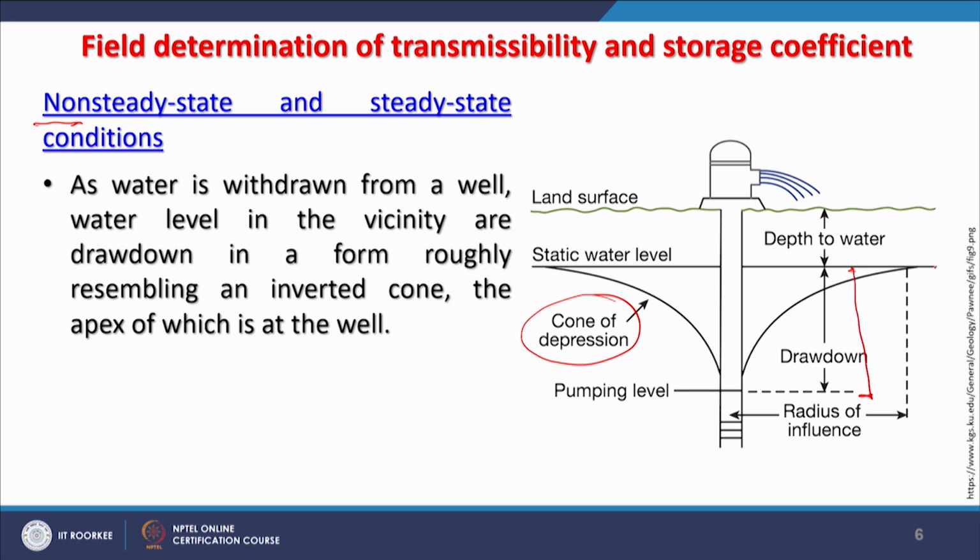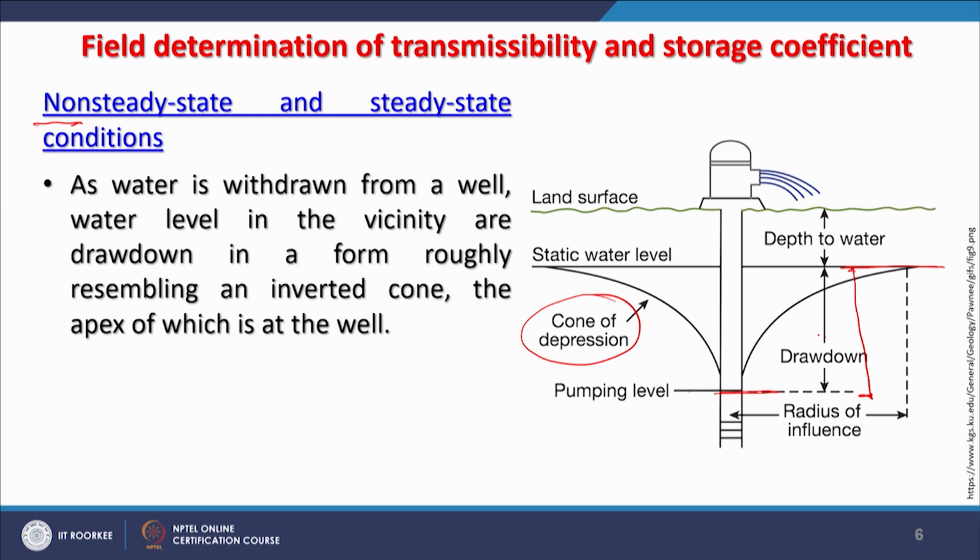Initially the depth to water level was here, and this is unconfined aquifer conditions. Water is being withdrawn, so after pumping for some time, the water level may reach this.